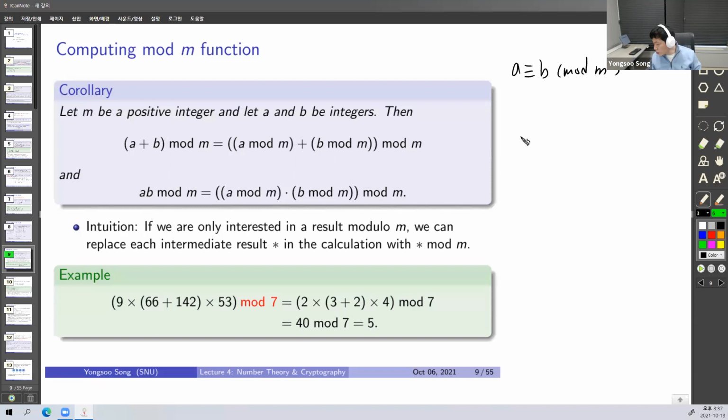But when we use a notation like a mod m, this is not a relation, but a function. So a is an input of the function, and we take a modulo m, so that the output is another integer. That's why we use the equivalence symbol here.